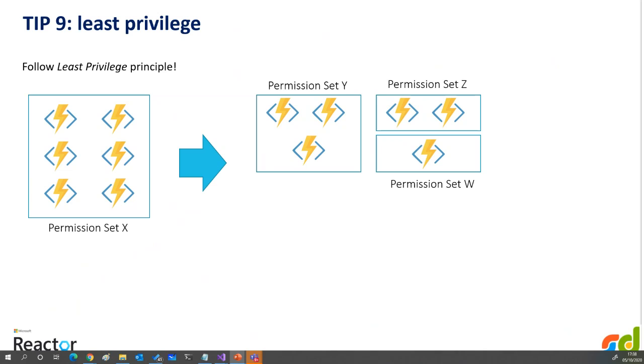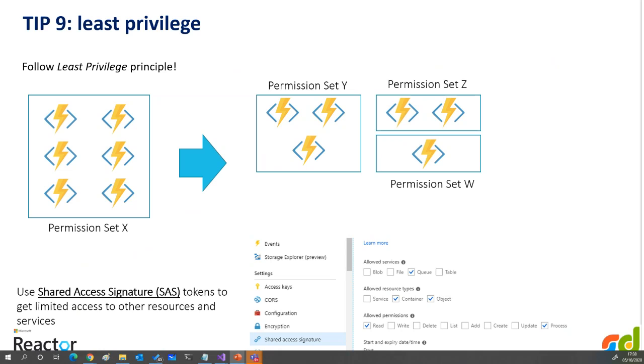So don't share the same permission with all your functions, but instead give the appropriate permission to your set of functions, because it increases the security of your entire solution.